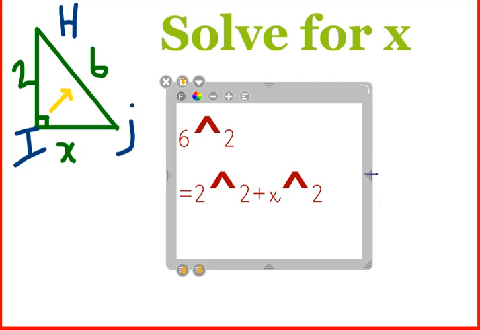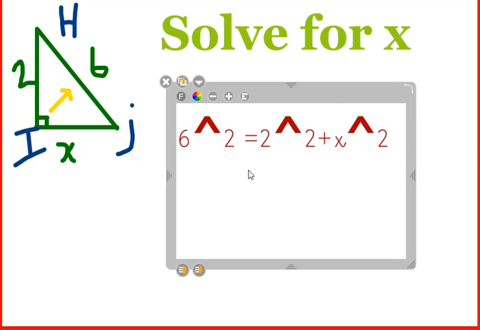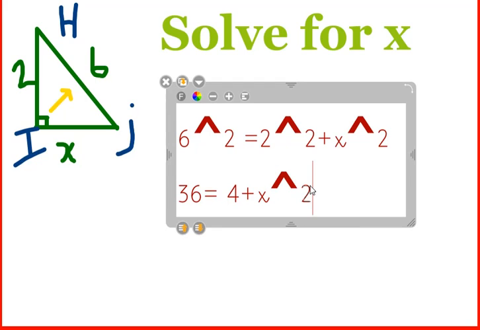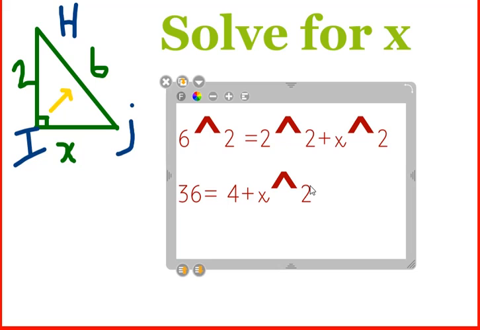Then we need to solve it. We know that 6 squared is 36 and 2 squared is 4, plus x squared. We leave x this side and we take 4 the other side, so it's going to be 36 minus 4, which is 32, is equal to x squared.